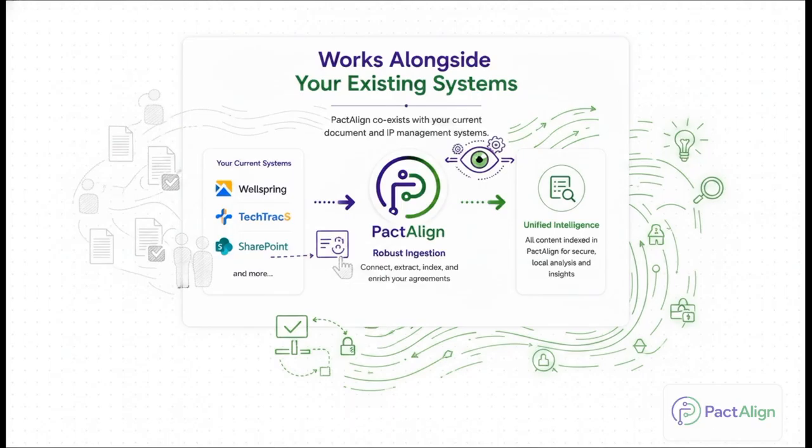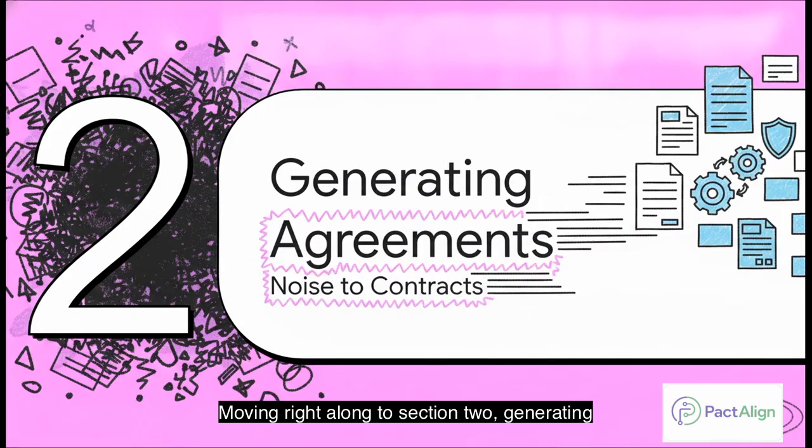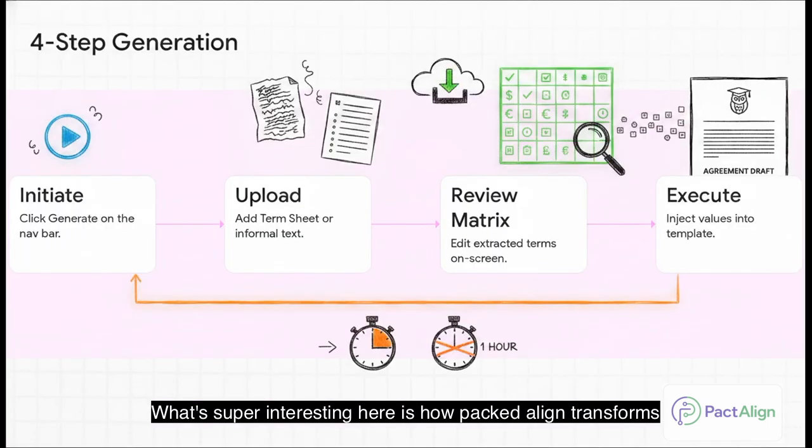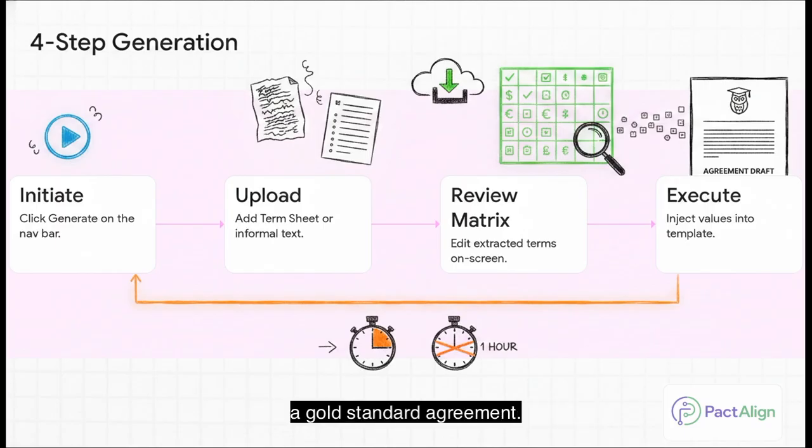Moving right along to Section 2, Generating Agreements from Text, or turning noise into standardized contracts. What's super interesting here is how PactAlign transforms raw, unstructured information, like, say, a really messy email chain or a quick bulleted term sheet, into a gold standard agreement. Instead of tedious manual data entry, your officers follow a really fast 4-step automated workflow.